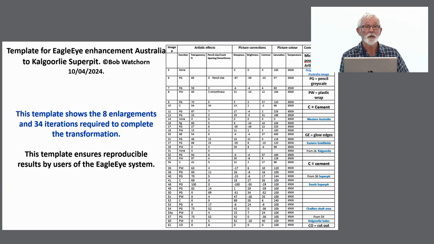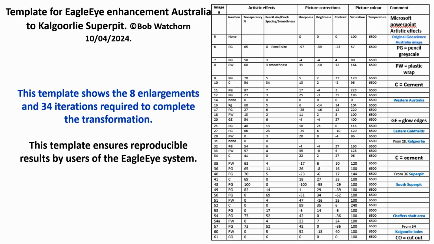In order that you can follow at home on your own computers what I've done, this template shows the 8 enlargements that I've done from the Australia-wide magnetics and the 34 iterations required to complete the transformation. And this template ensures reproducible results by users of the EagleEye system.